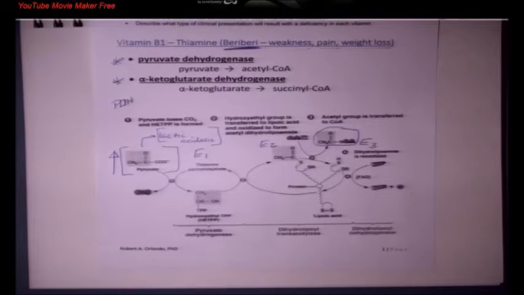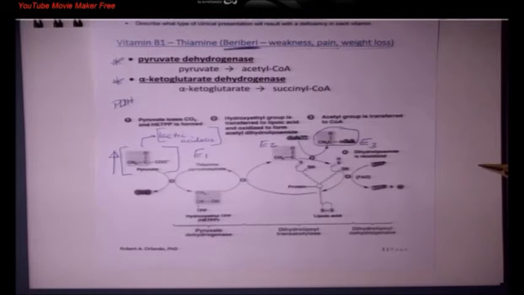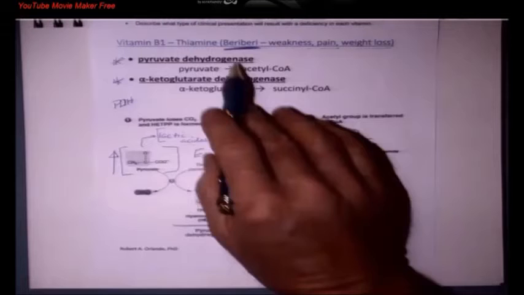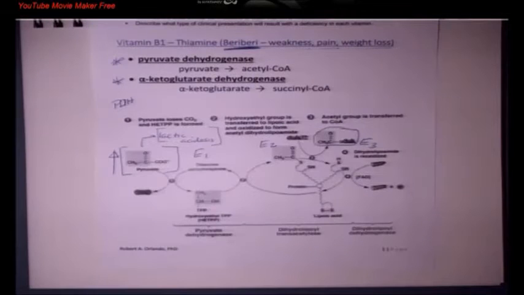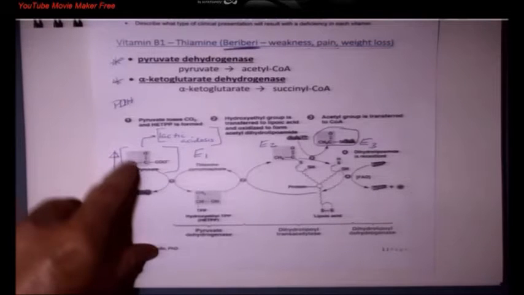Now, to address these clinical symptoms, how does fatigue and tiredness result from a thiamine deficiency? Are you not producing energy at all? Sure, some, right? Up to pyruvate.